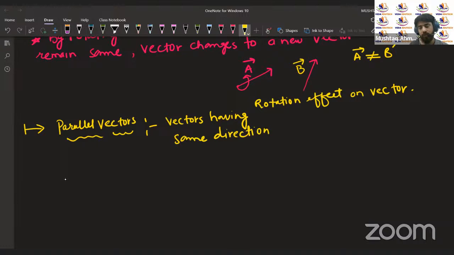All those vectors which have the same direction, we call parallel vectors. Like this. Suppose this is a vector A and this is a vector B. Does it matter? The magnitudes of the two vectors can be different. But if these two vectors are directed along the same direction, we call these vectors parallel vectors.